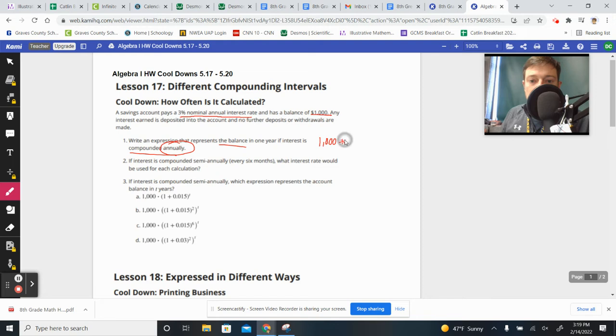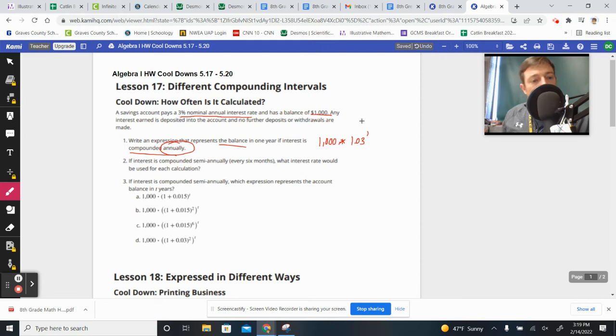You're going to be multiplying it, and I'm using my asterisk for multiply so you don't get confused with the dots, by my growth factor here, which is 103%. And then we take that to the power of the number of times that we compound it, which in this case, it's annual, so we're just going to do that one time. So this right here would tell us how much it would be as an expression for just that 1 year.